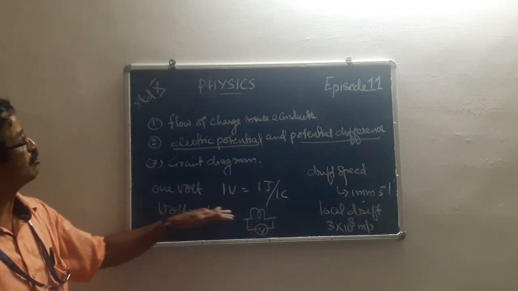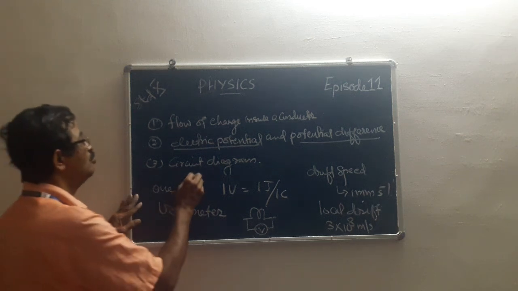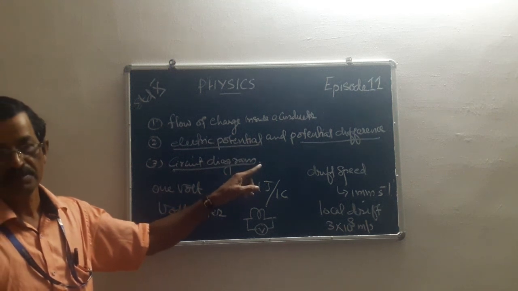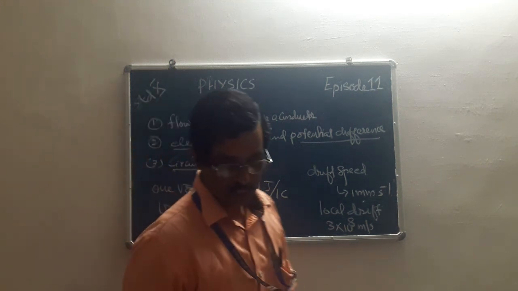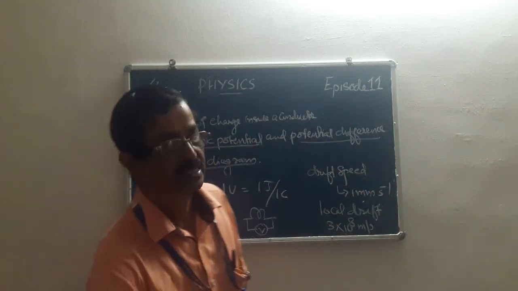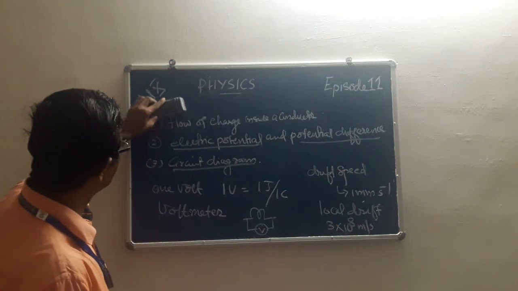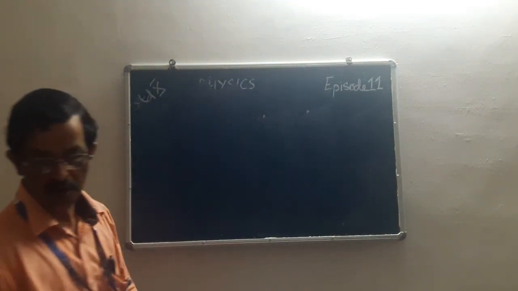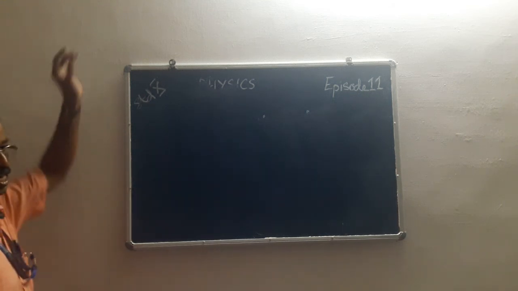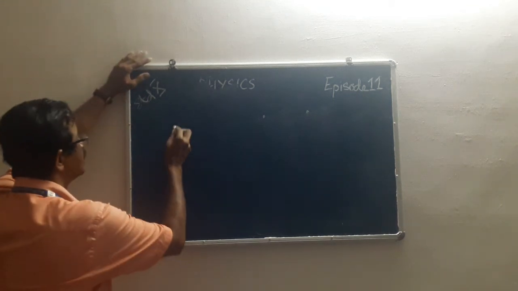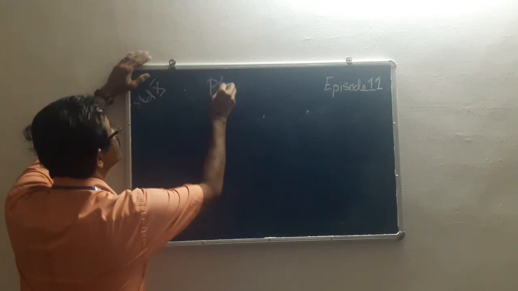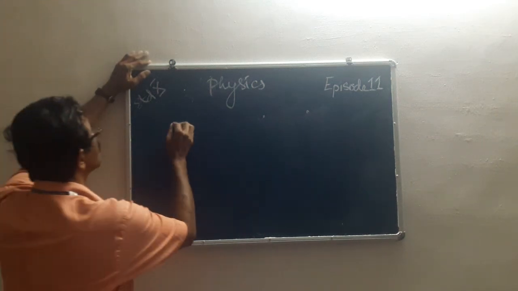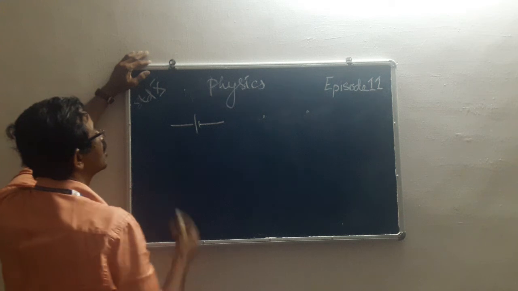Then we discussed circuit diagrams. In a circuit diagram, each component is represented with certain symbols. Which are the symbols we discussed here? First of all, the cell. Which is the symbol used for it? For a cell, this is the symbol.